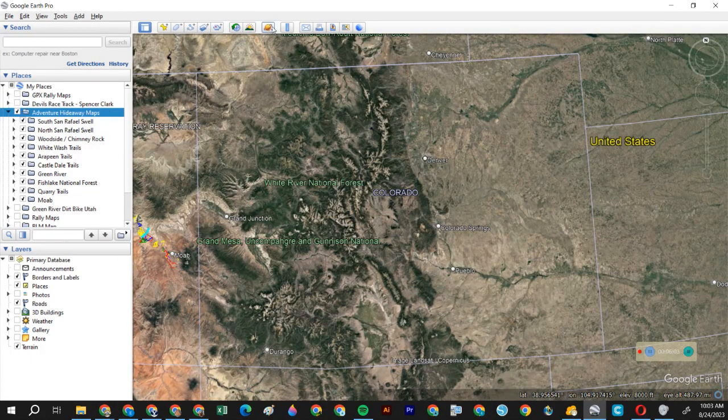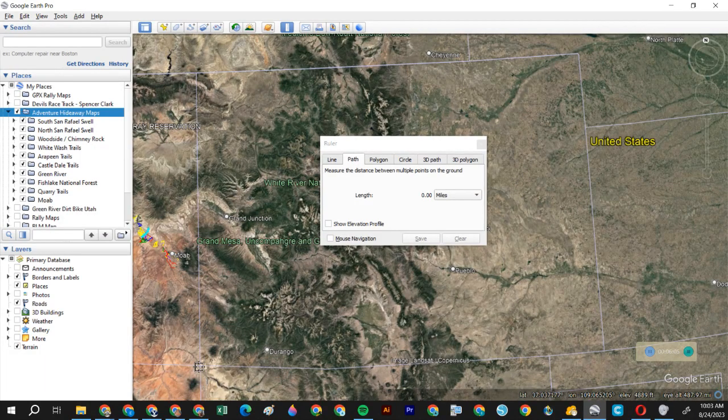But watch what happens when I measure from here to here, 388, and then I measure from here to here, 365.